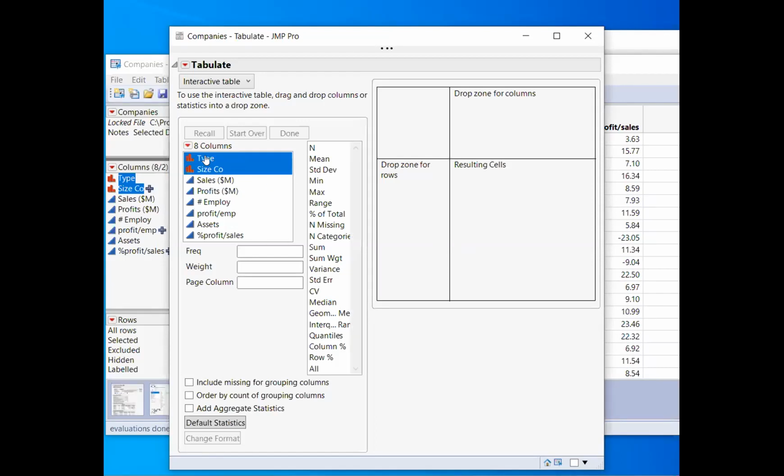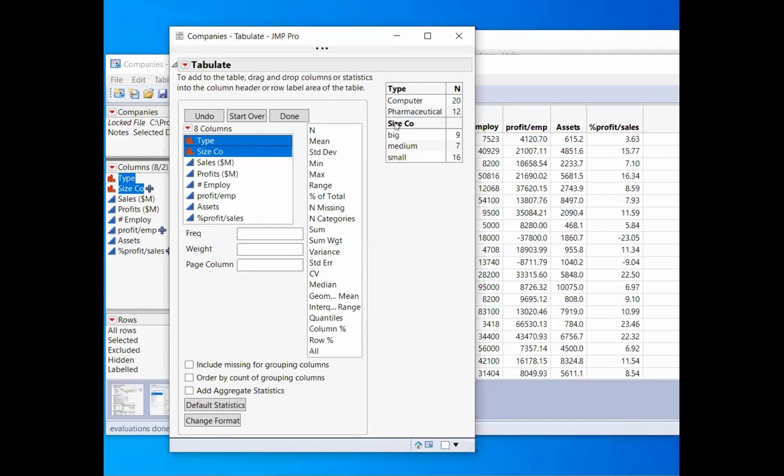So type. We drag and drop type of company down here. It's actually separating them using frequencies. Now I don't want frequencies. I want to see if for different types and size of company, we have different amount of sales or profit or number of employees.